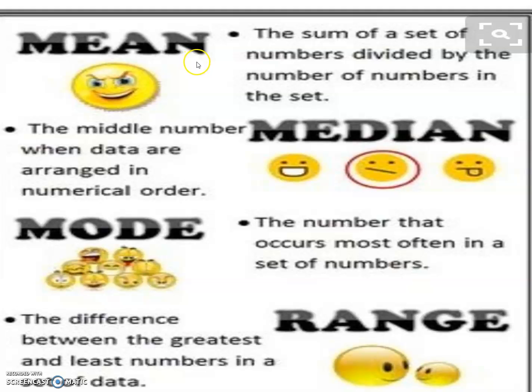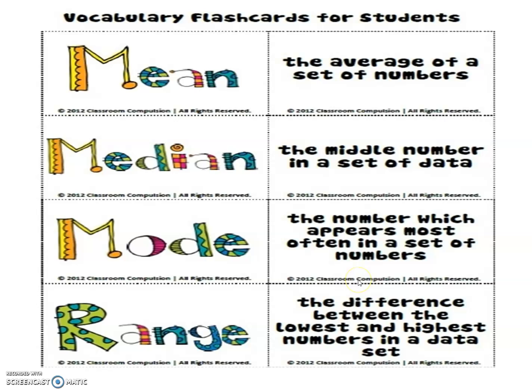What do we see in this diagram? Mean is the sum of the numbers divided by the count of numbers. Median is the middle number when data is arranged in numerical order. Mode is the number that occurs most often in a set of numbers. The difference between the greatest and least number in the set is called range.